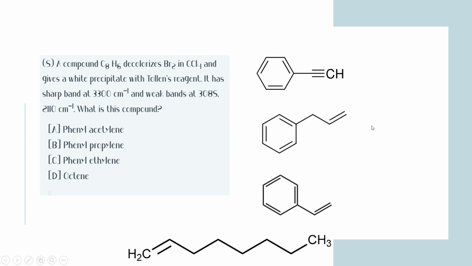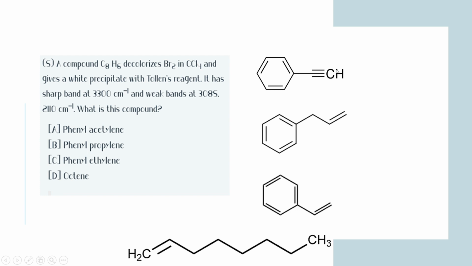This is due to the fact that this particular CH is attached to a carbon-carbon triple bond, an sp hybridized carbon atom. And in case of these alkenes, the CH is attached to an sp2 hybridized carbon atom, which is less electronegative than this sp hybridized carbon atom.